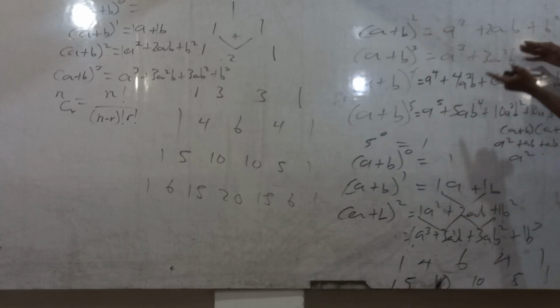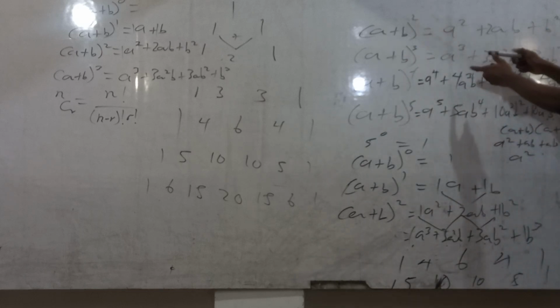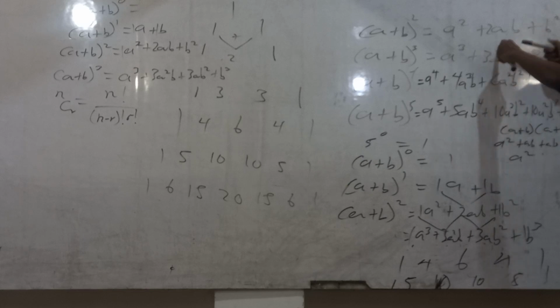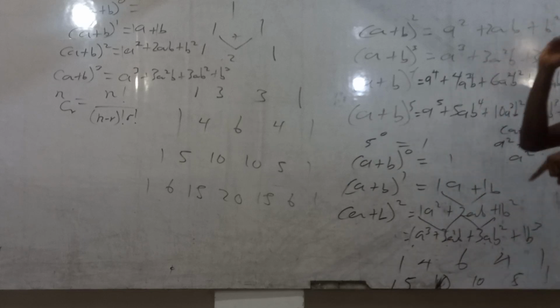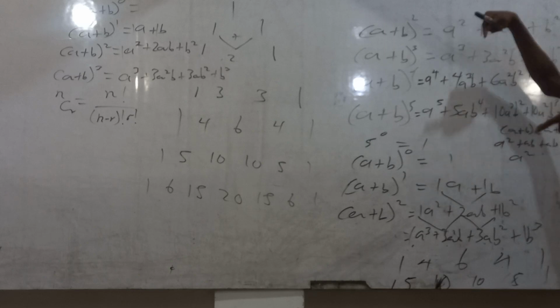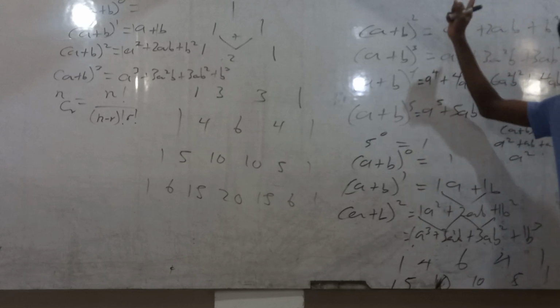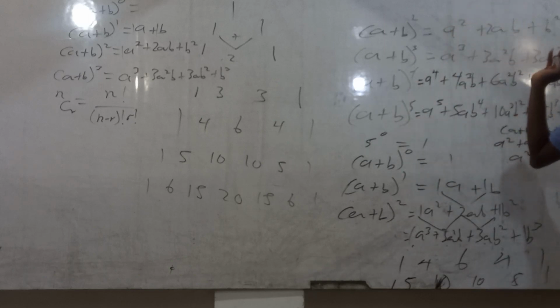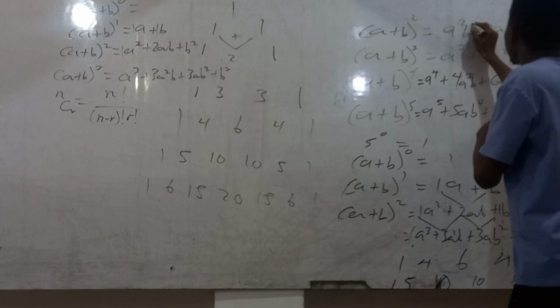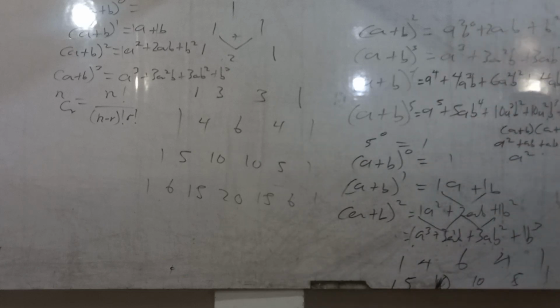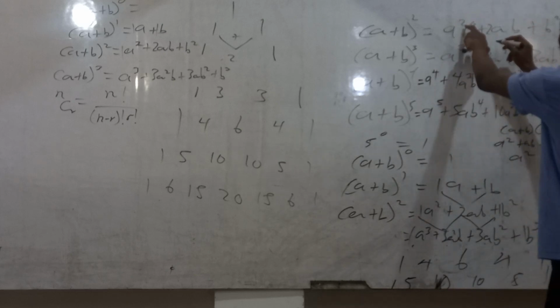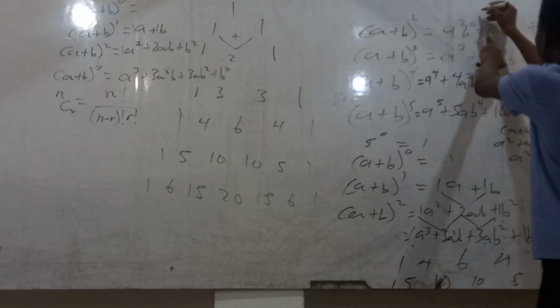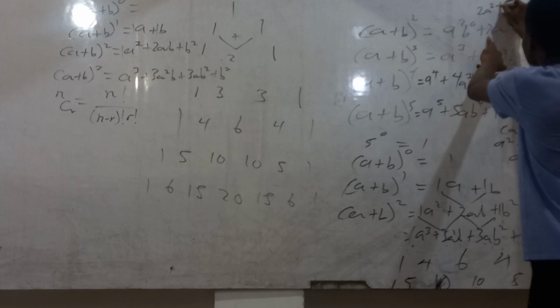As it goes on, for the second term, the power of a will reduce by 1 and the power of b will increase by 1. That's the formula. So here b was 0, a was 2, so a reduced by 1, and it became a to the power 2 minus 1.